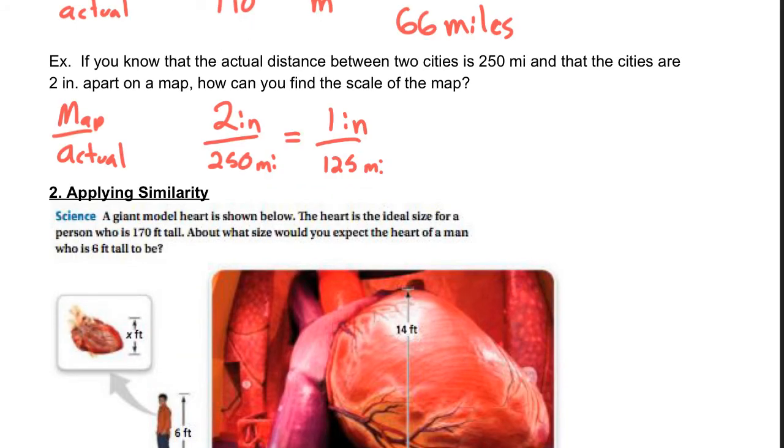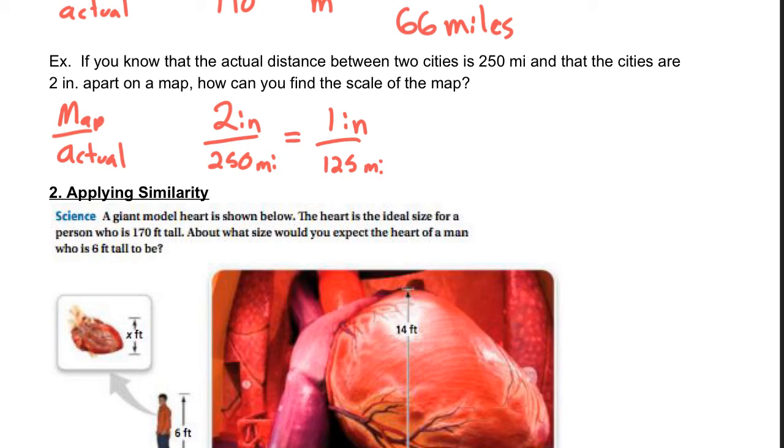Okay, so for this one, it's a little less about the proportion, and a little more about understanding the ratio, okay? So it says if you know the actual distance between two cities is 250 miles, and you measure they're 2 inches apart on the map, maybe the scale on the map was ripped off, or there's a stain on it and you can't read it. So how can you find the scale of the map that way?